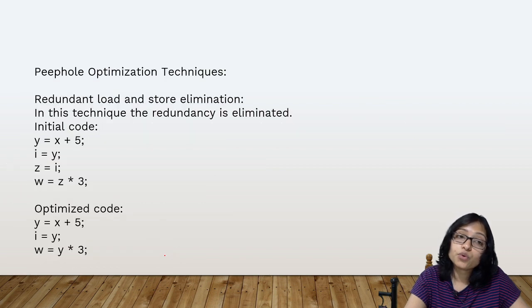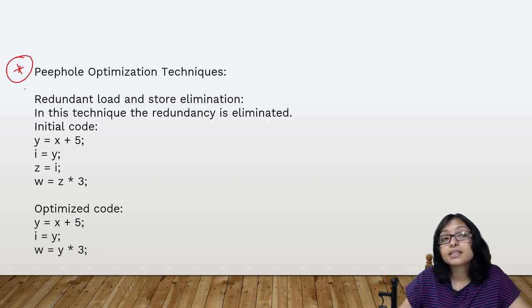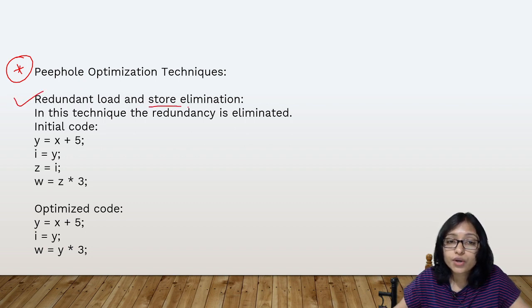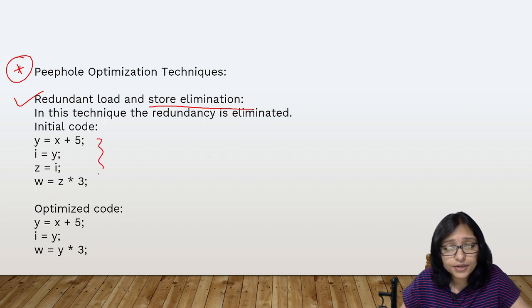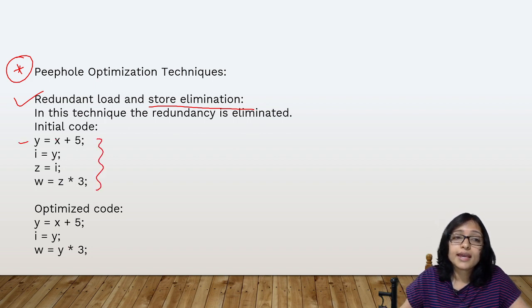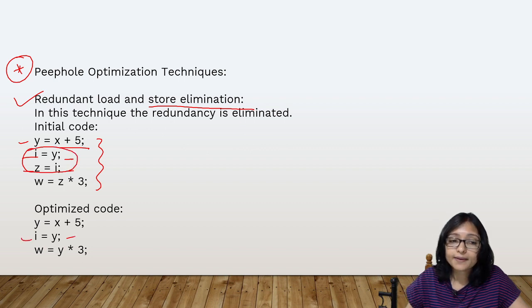Now how will it do this? Here actually questions are coming. They give some example, and after that they ask which type of optimization it is. So, redundant load or store elimination. Here you are doing something unnecessarily redundant. y equals x plus 5, i equals y, and z equals i. So here this part I can reduce to i equals y.